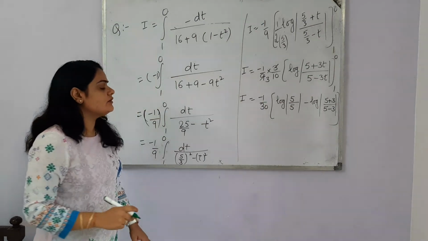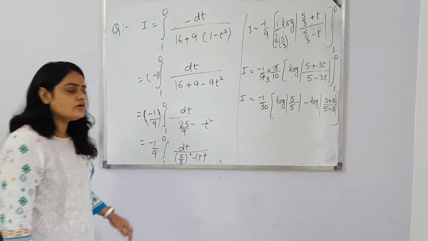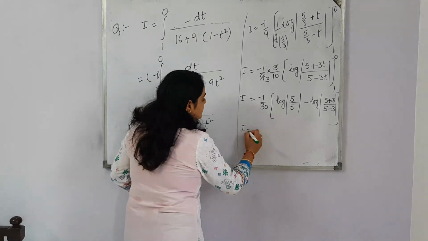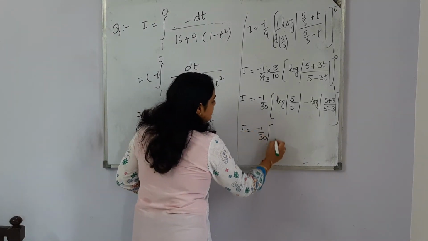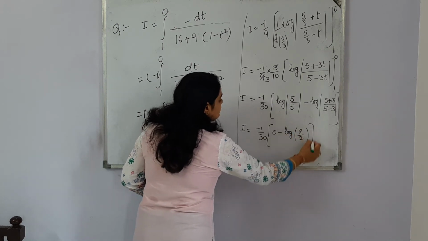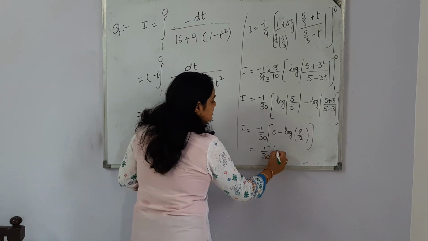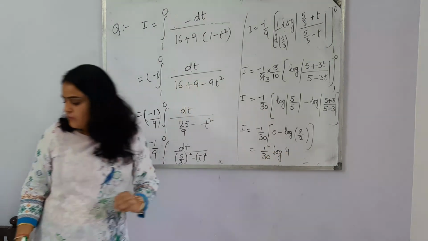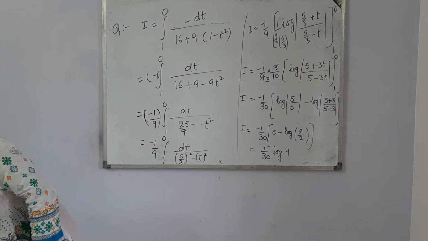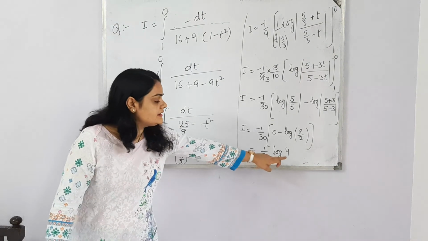Upper limit minus lower limit. This becomes log 1. We know the value of log 1, which is 0. So I am having 0 minus log of 8 by 2, which is log 4, minus minus plus 1 by 30 log 4. Need to check the answer. Yes, it is 1 by 30 log 4.